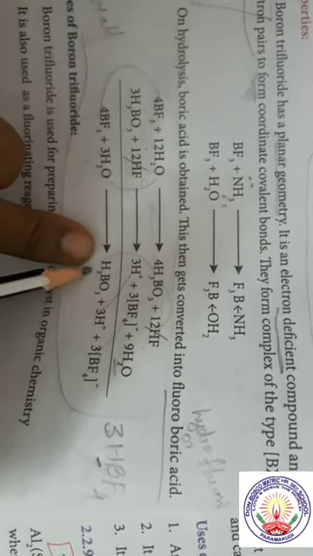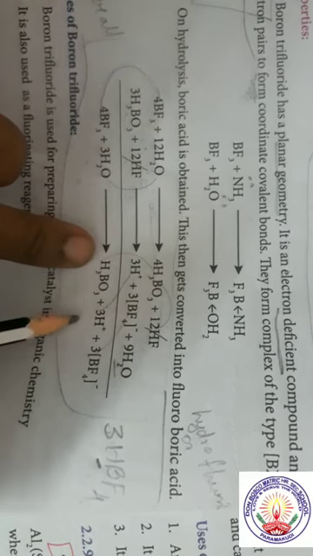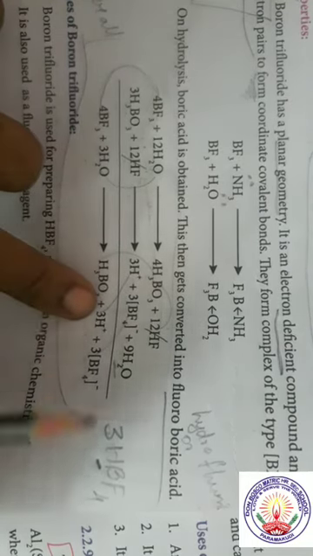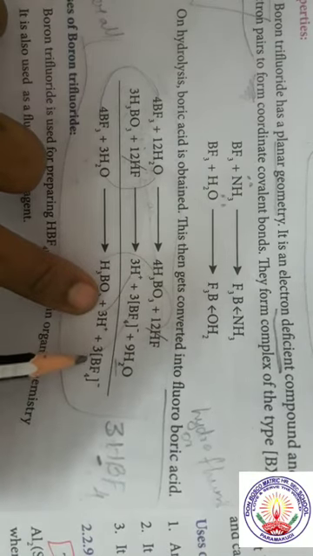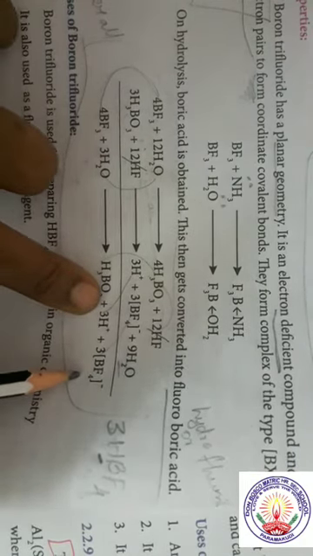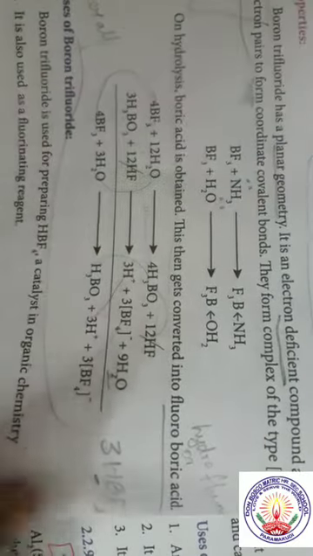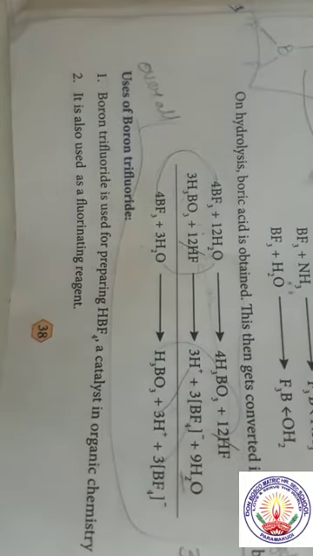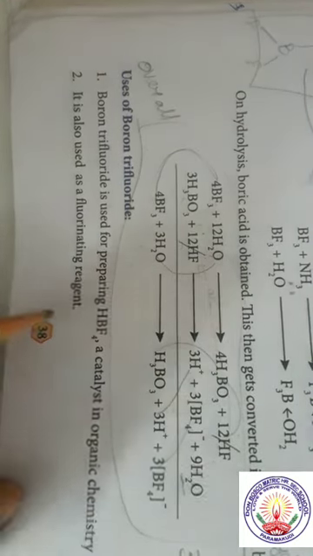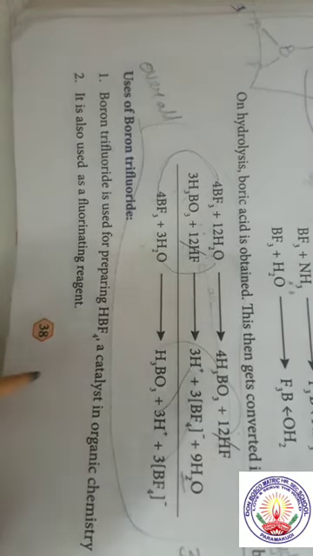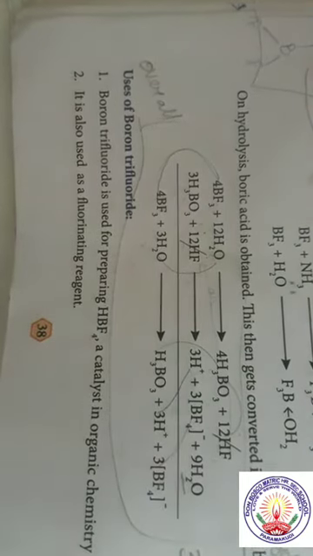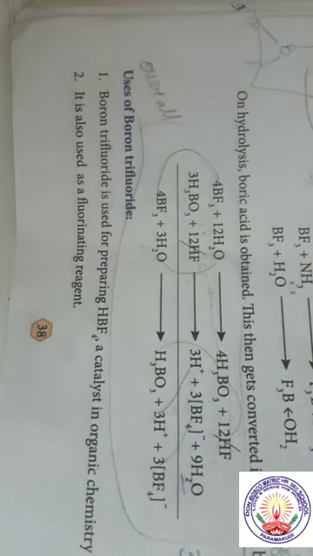So boric acid H3BO3, and we write 3H plus ions and 3BF4 anions. Next is uses of boron trifluoride. This is used in preparing hydrogen boron tetrafluoride. It is used as a catalyst in organic chemistry, and it is used as a fluorinating agent.